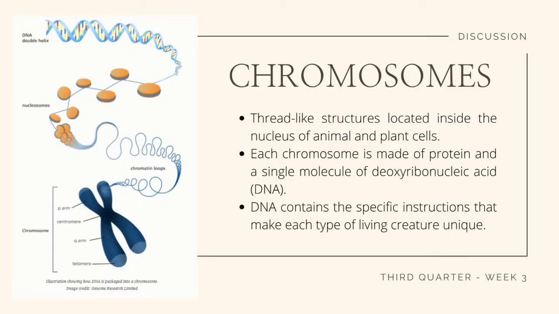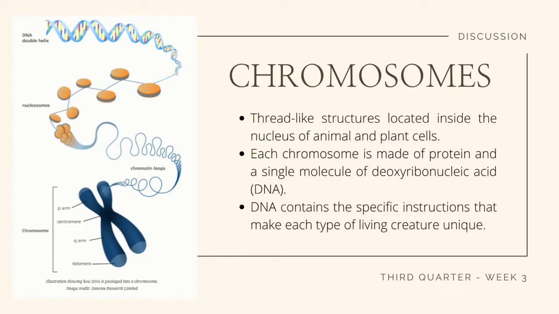Let's proceed now to our discussion. So, we have here the term chromosomes. Okay? So, before we start our discussion all about sex linkage, pedigree, different modes of diseases, alamin muna natin kung ano nga ba yung chromosomes.